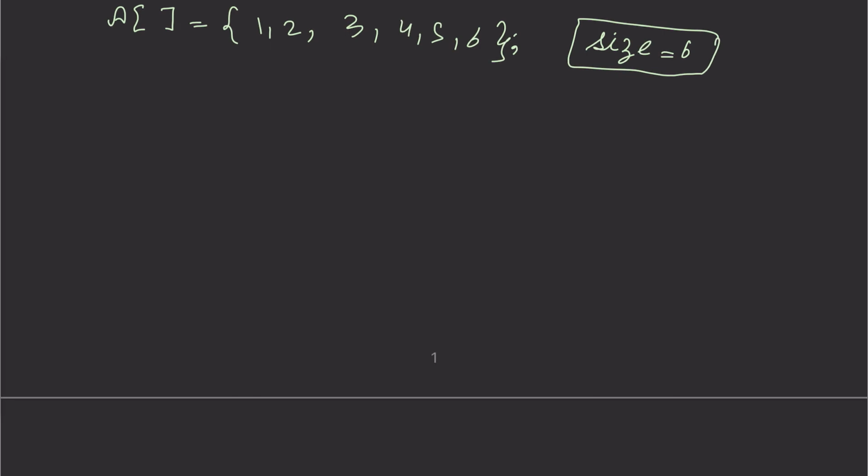Wait, before it I want to tell you that if you don't know how many elements you want to enter in the array, then you can also declare it like this, no value, and enter as many values as you want, like 1 2 3 4 5 6. So it will create an array of size 6. Okay, this is another way of declaring array.